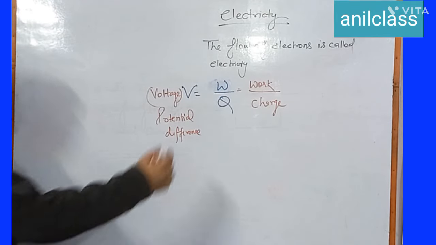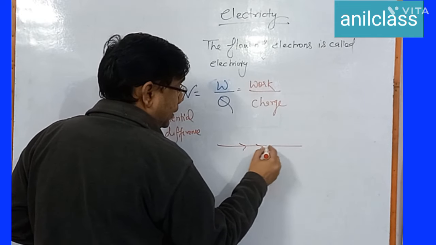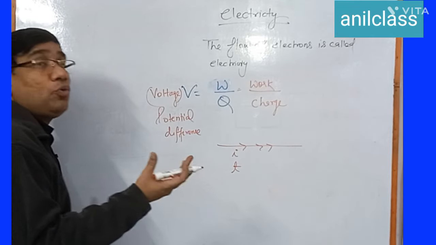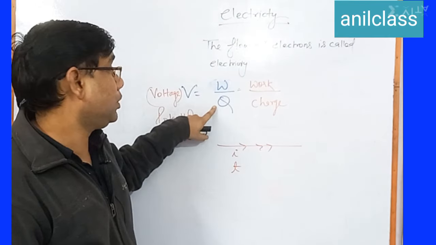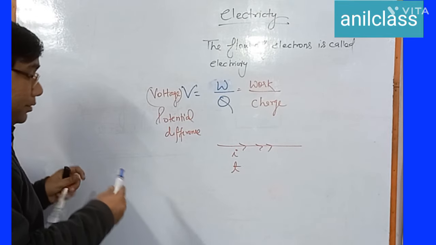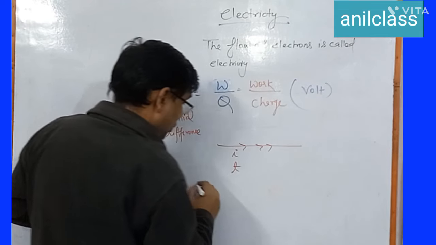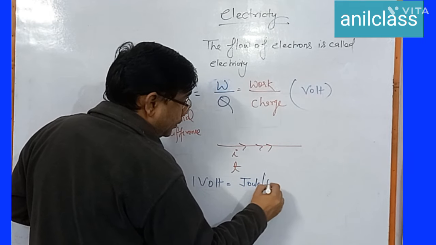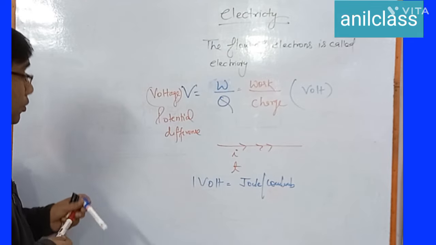In a wire, when an electric charge flows, it takes a time t, so it can do some work. So work upon charge is called voltage. The unit is volt. Also 1 volt is equal to 1 joule per coulomb.